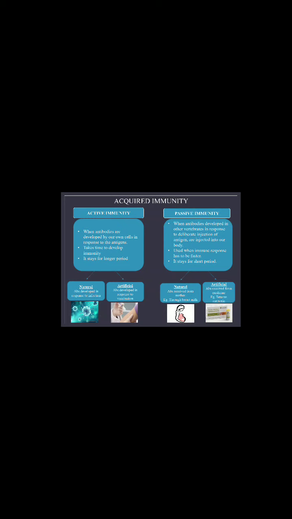So it takes some time. But it lasts for a longer period, because once these pathogens enter our body, there are memory cells in the lymphocytes which always remember. Active immunity is also of two types, natural and artificial.